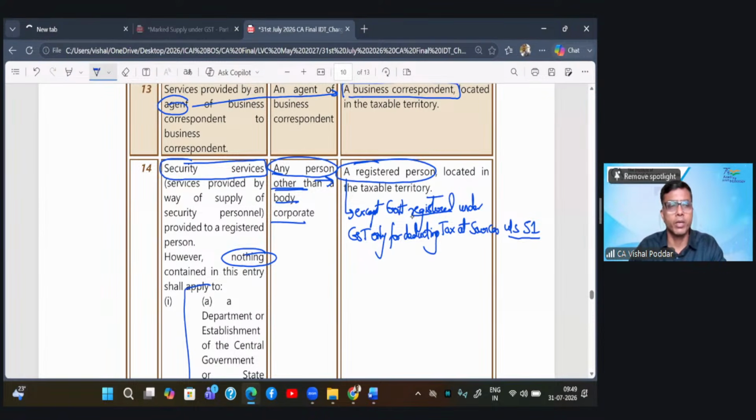So what is very important, wherever the government is not making any outward supply, but still has taken registration, you will find that it is kept in exception. So in such cases, again, there will be no RCM applicable. Correct?